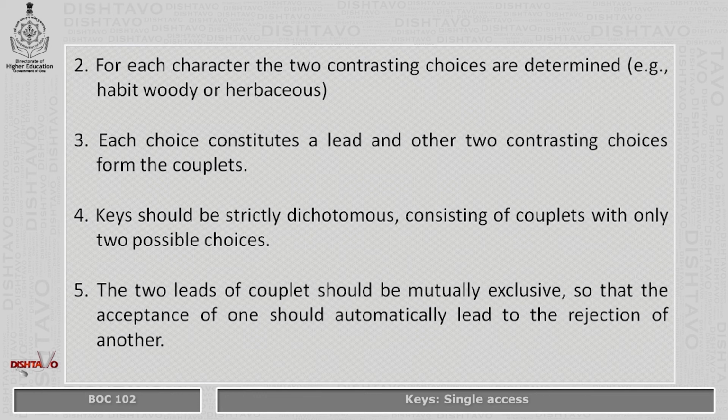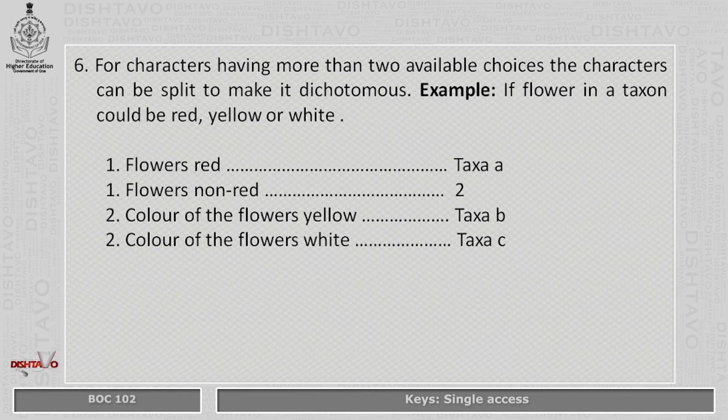The two leads of couplet should be mutually exclusive so that the acceptance of one should automatically lead to the rejection of another. For characters having more than two available choices, the character can be split to make it dichotomous. I have given here example where the plant taxa shows flower colors as red, yellow or white.